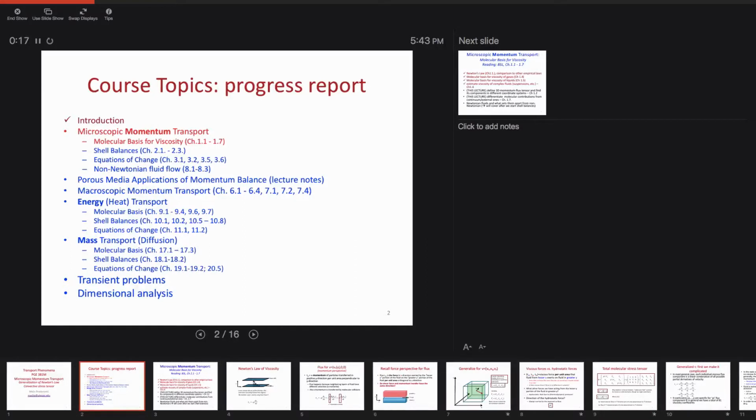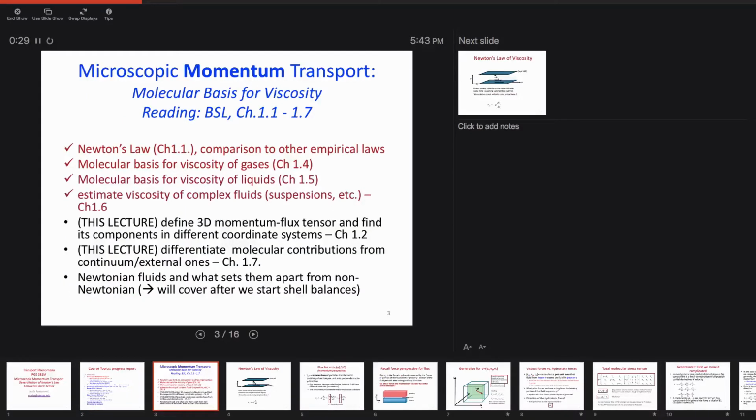We have a better understanding of how viscosity, the internal friction that we feel, relates to the fluid motion. So now we're going to look at the three-dimensional version of the simple Newton's law that we have considered so far. So I'm going back to chapter 1.2, and then we're also going to go through chapter 1.7.